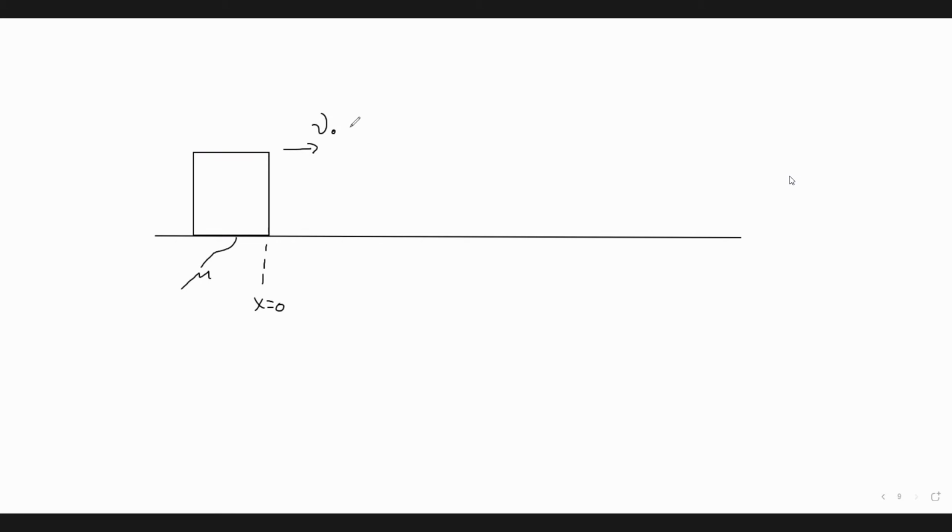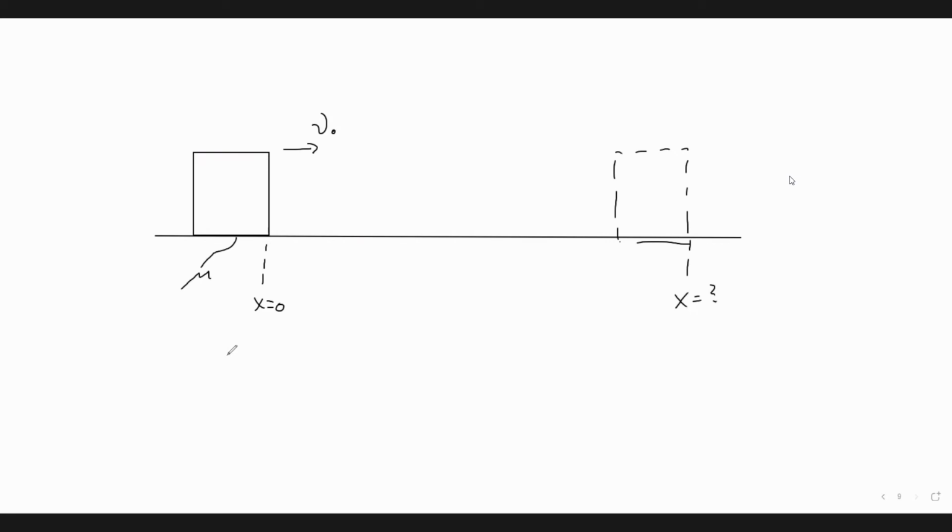So I would like to know, how far has it moved when the object comes to rest? So when the object comes to rest, what is this right there?